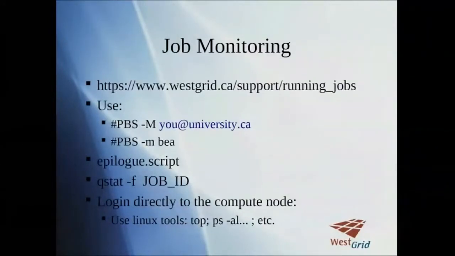So qstat -f will provide you the information on which compute nodes your job is running. You can log in directly to these compute nodes and just use standard Unix commands to see how your job is performing, what is happening.